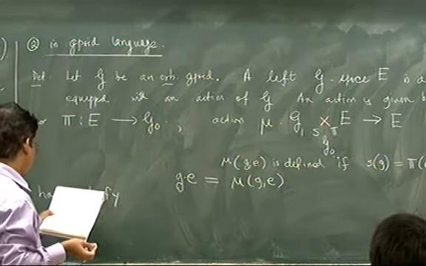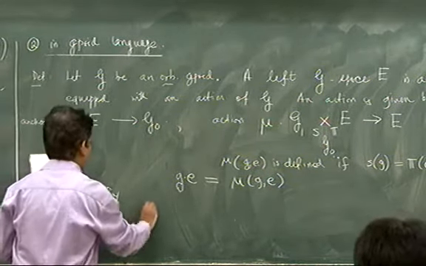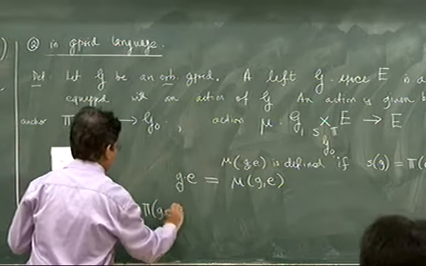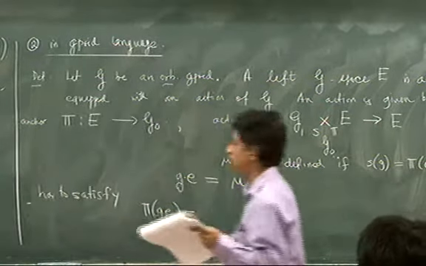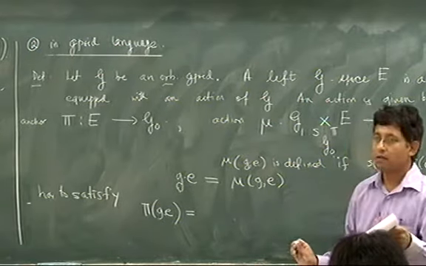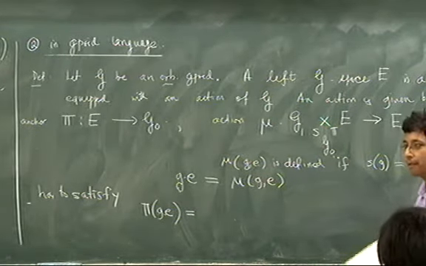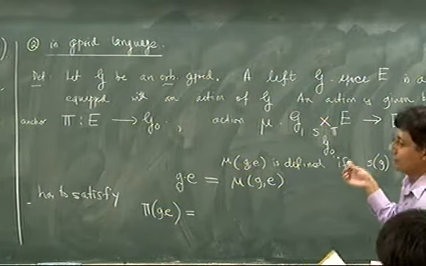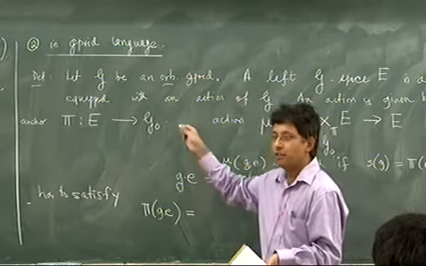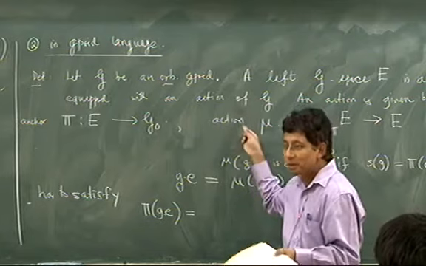Okay? It has to satisfy the following: pi of GE. So what should this be? If you draw a diagram, this would be immediate. E goes to somewhere else. Let's see.